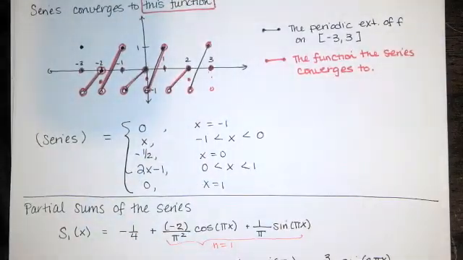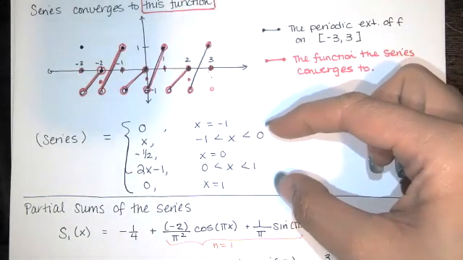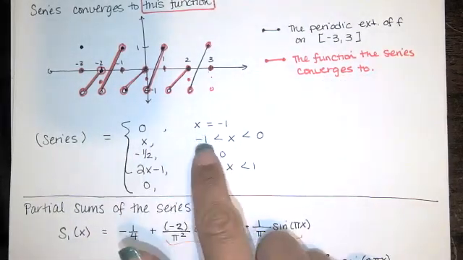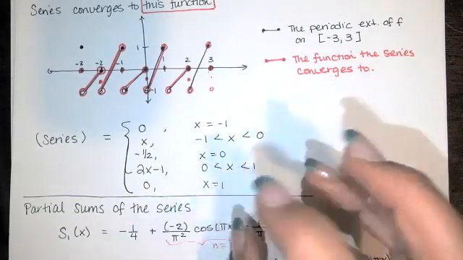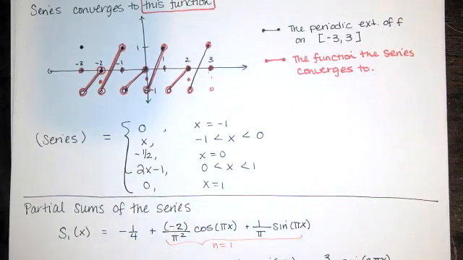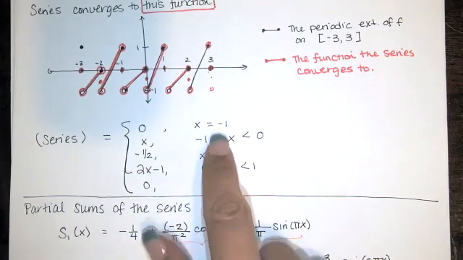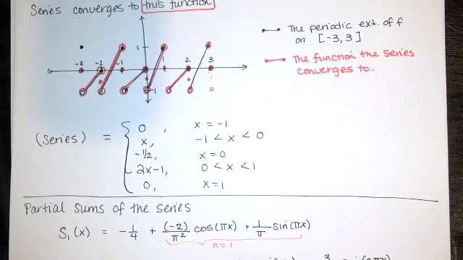Or if we're interested only in the interval from -1 to 1, which we typically are, it's going to give us our function on the interval from -1 to 0 and the interval from 0 to 1. And it's going to be the average of the limit from the left and the limit from the right at the 3 points of discontinuity. And those are points of discontinuity of the periodic extension of the function.